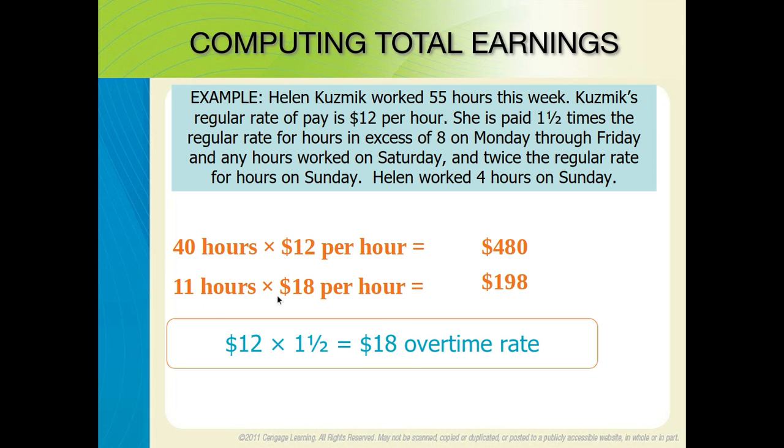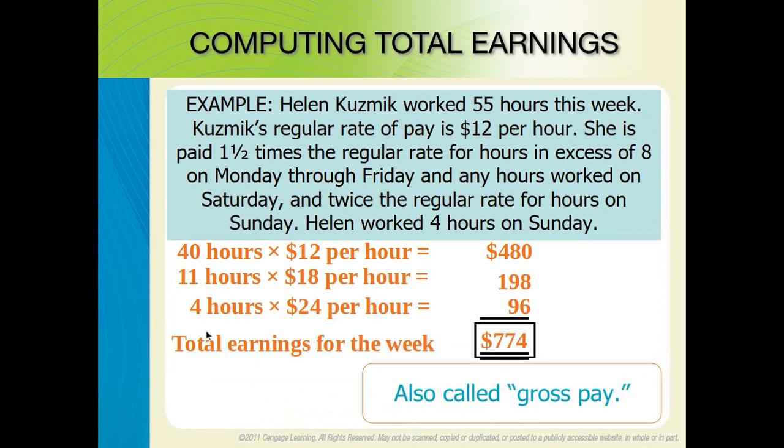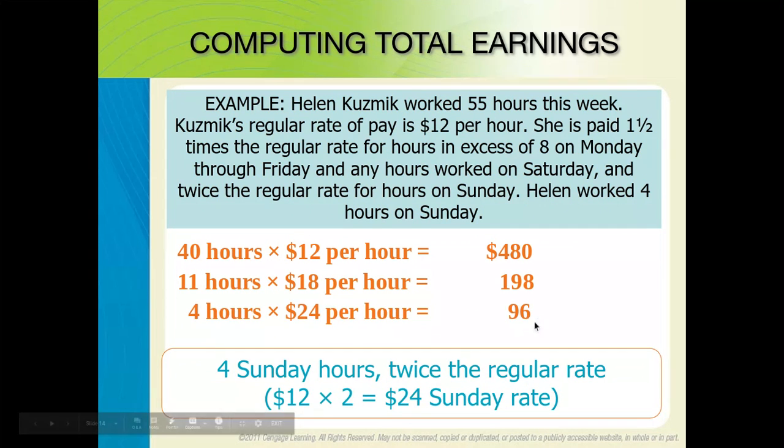So we took 11 times 18, and we got $198. The reason I know that she worked 11 hours on Saturday is because it mentioned that she worked 4 hours on Sunday. So we need to figure out a different amount for her 4 hours on Sunday because she gets twice the amount. We take 4 hours by $24 to get $96.